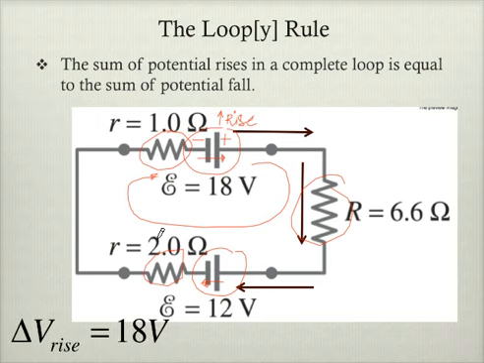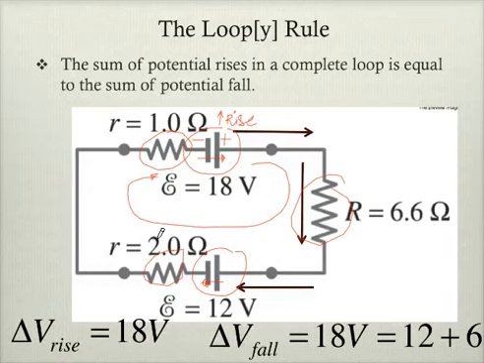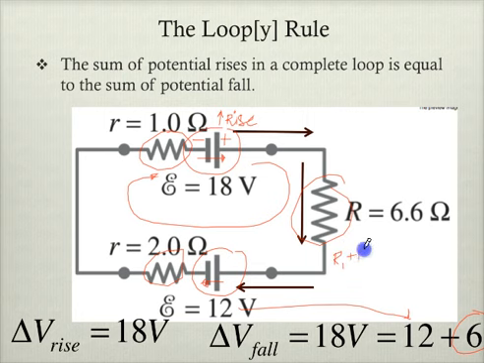The fall should also be 18, and it consists of the battery, which is 12 right here. So that is your battery, and then the rest, the 6, I could represent as R1 plus R2 plus R3, because there are 3 resistors in my circuit, times I total. That will be my 6.